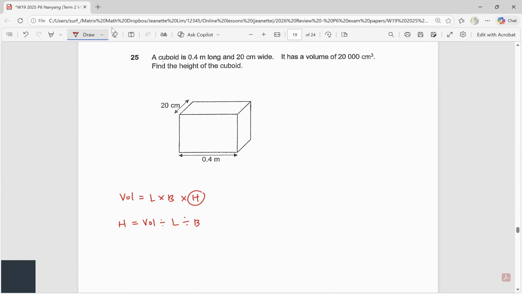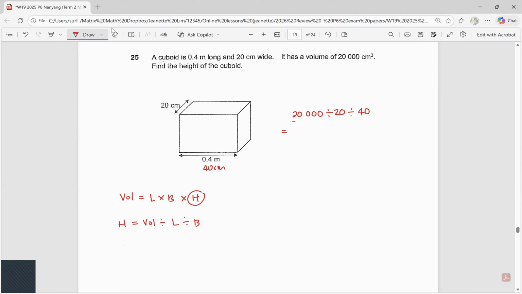Okay, the length is in meters. I'm going to change it to cm. So this is 40 cm. So I'll take the volume, 20,000 cubic cm, divide by length and breadth. Okay, divide by 20, divide by 40, or divide 40, divide 20 is the same.